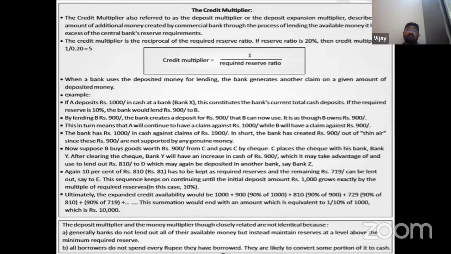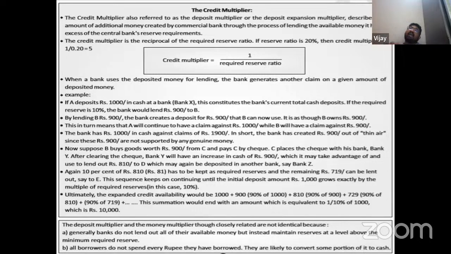So, for example, the reserve ratio is 10%. That means 100 rupees will be kept as reserve, which we call the reserve ratio, 10%.